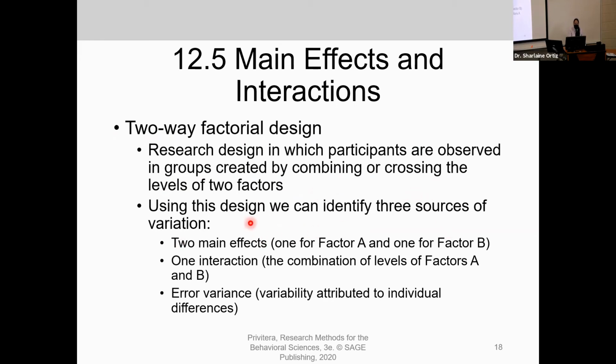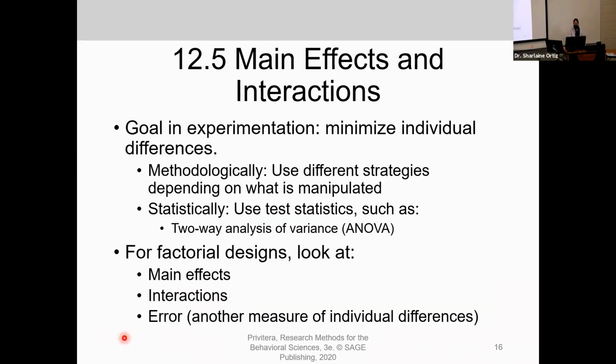In order for us to utilize this design, we can determine three sources of variation. So I like to call this your truth, my truth, and what actually happens, right?